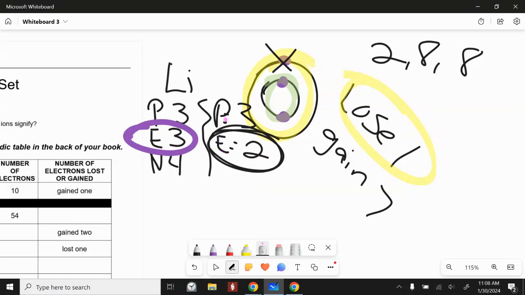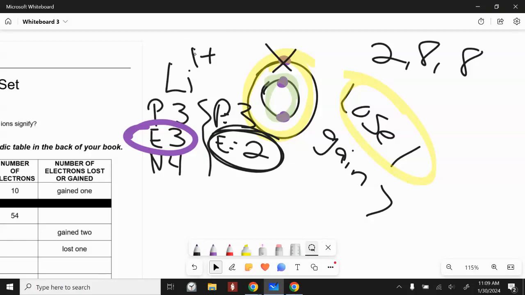So if you have less electrons than protons, that means you have more protons, duh, and you are more positively charged. You have more protons than electrons. So your charge will be, you are positive by 1. You have lost 1 electron and now you have become positive because of the 1.